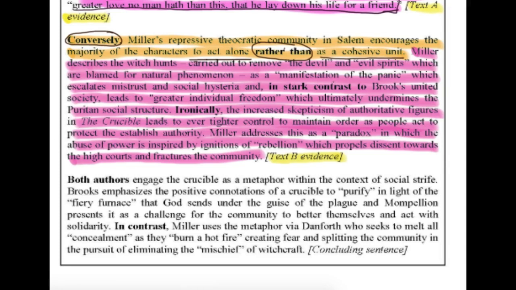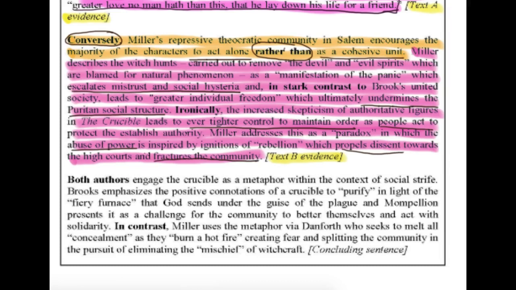Let's again just pick out some of the key things. Escalates mistrust and social hysteria, leads to greater individual freedom, which ultimately undermines the Puritan social structure. Ironically, the increased skepticism of authoritative figures in The Crucible leads to ever tighter control to maintain order as people act to protect the established authority. So people act to protect that. Miller addresses as a paradox in which the abuse of power is inspired by ignitions of rebellion, which propels dissent towards the high courts and fractures the community.